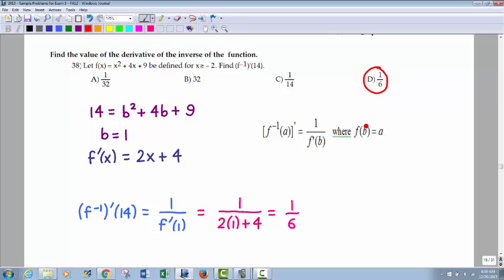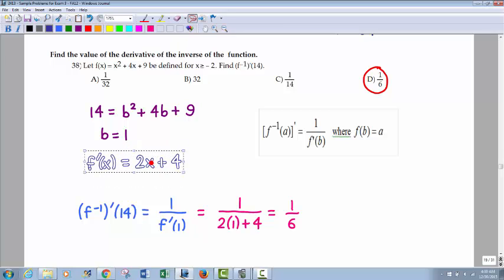Okay, so once you find this b, which we just did, b equals 1, the derivative of the inverse at 14 is merely a matter of finding 1 over the derivative of the original function at that b we just found. So let's look at our original function, pretty easy. The derivative of that would just be 2x plus 4, right?